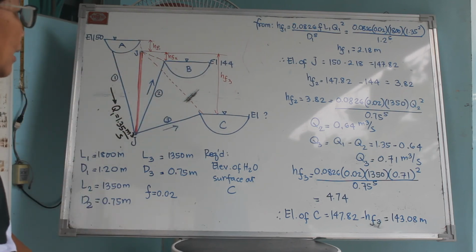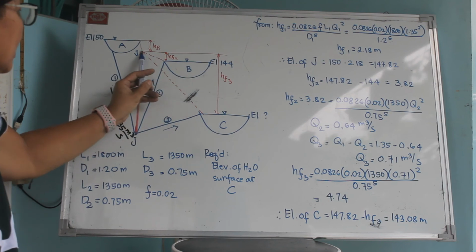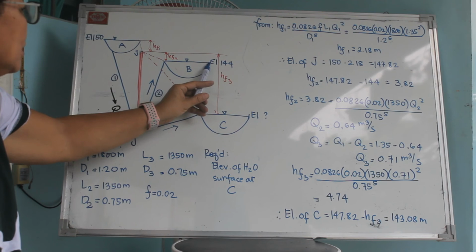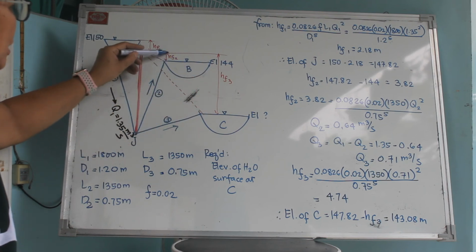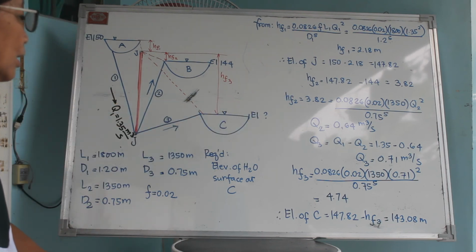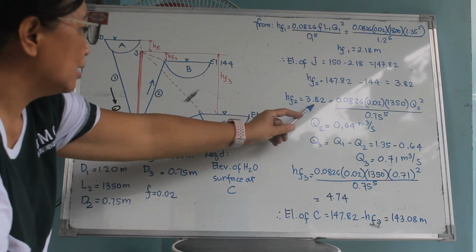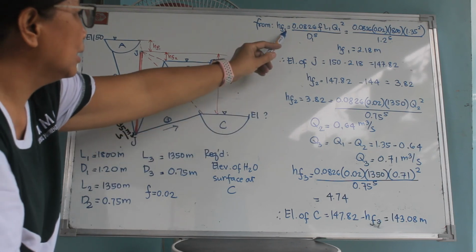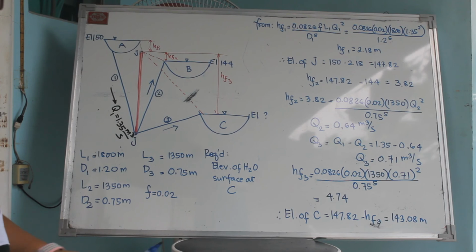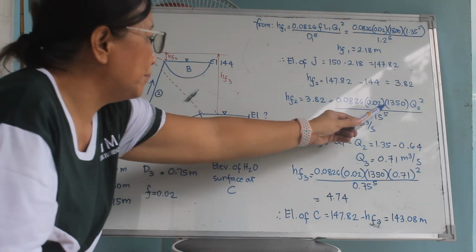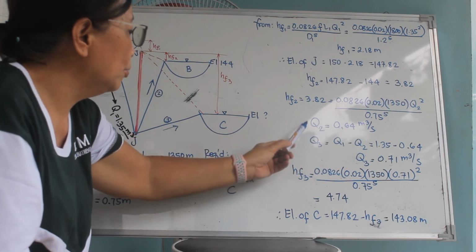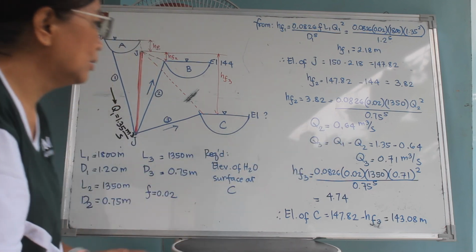Okay? Then, alam na natin, if this is 147.82 minus the elevation of the water surface here, 144, makukuha na natin yung HF2, which is 3.82. Now, 3.82 is HF2. Pag kinuha ulit natin ito, kinuha natin yung formula for the friction loss, 0.0826 F L Q2 squared over D2 to the fifth, we will know the value of Q2, 0.64.